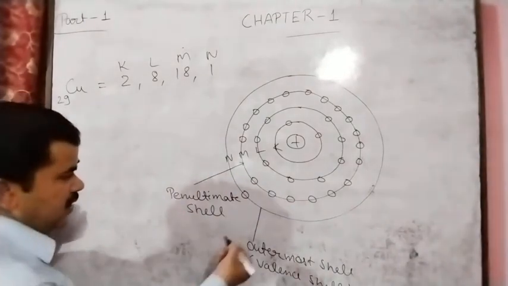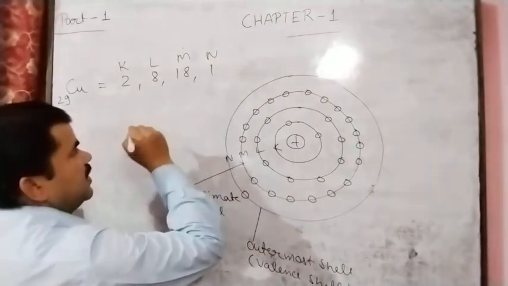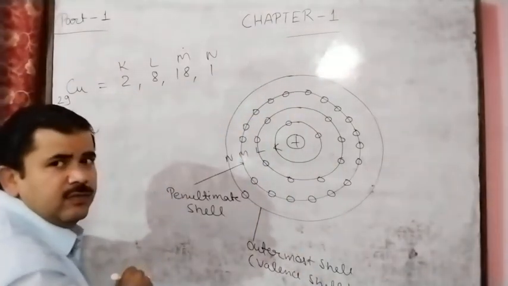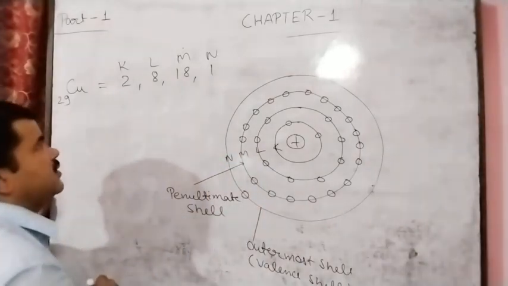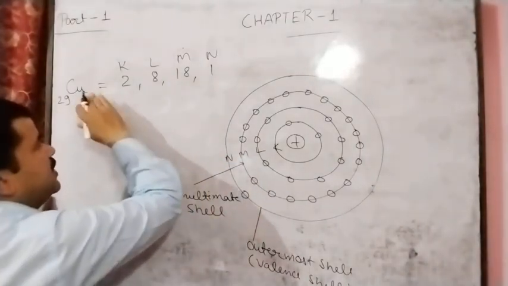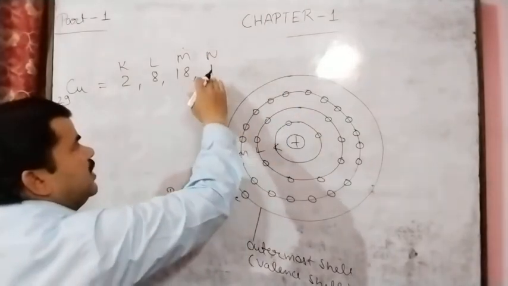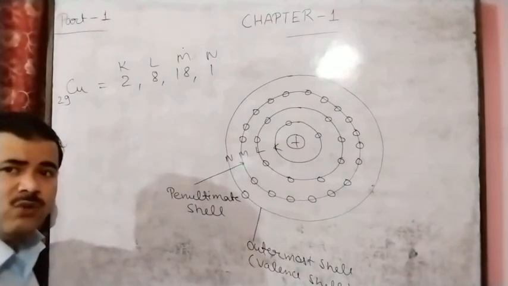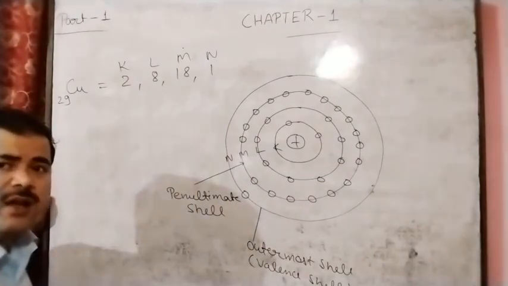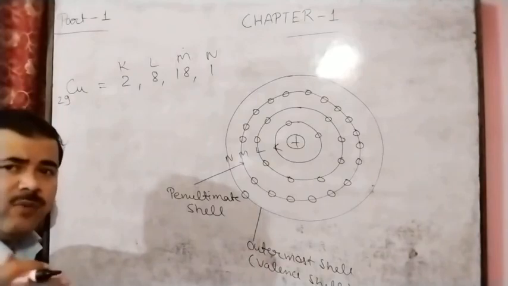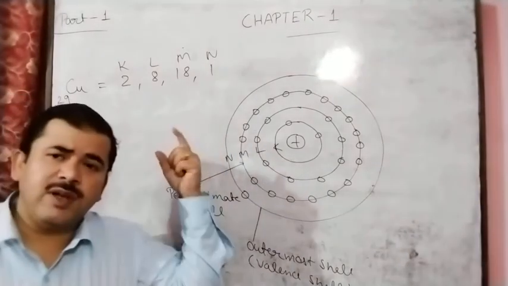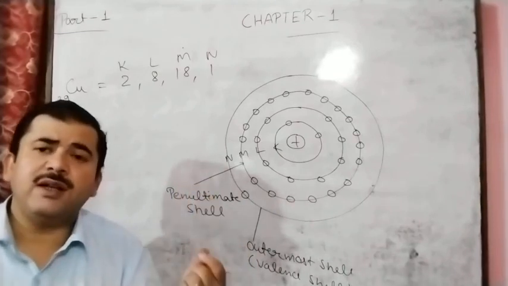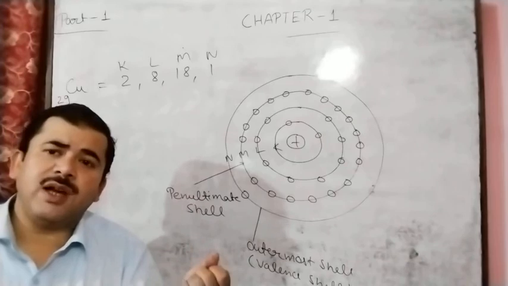Sometimes in this electronic configuration, copper will lose 1 electron to acquire the nearest noble gas configuration, since only 1 electron is present in the outermost shell. One more thing: atoms with 1, 2 or 3 electrons in the outermost shell tend to lose them. If 1 electron is present, the atom will lose 1 electron; if 2, it will lose 2; if 3, it will lose 3.